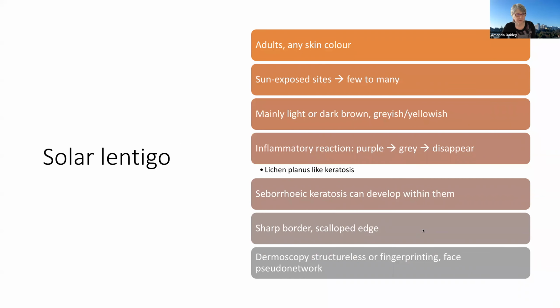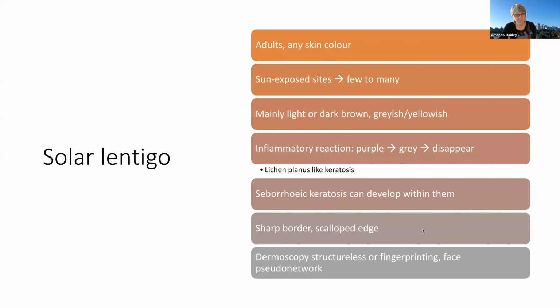A solar lentigo, as the name would suggest, is due to sun exposure, but it can occur in light-skinned and dark-skinned patients and is a flat brown mark, often found on the hands or face, and sometimes legs and arms. You can have one or many. They could be small to large.